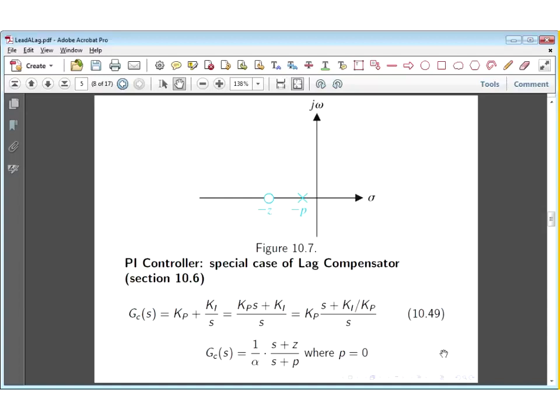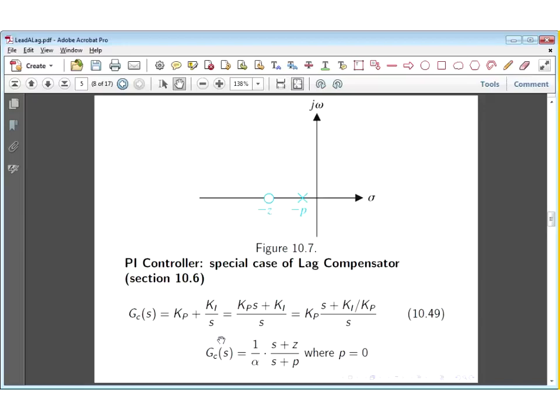Now, we have learned about the PI controllers briefly in chapter 7 when we talked about root locus diagrams, but it's also introduced in equation 10.49. Well, at least equation 10.49 is just this first part of this equation, the one in the rectangular block.